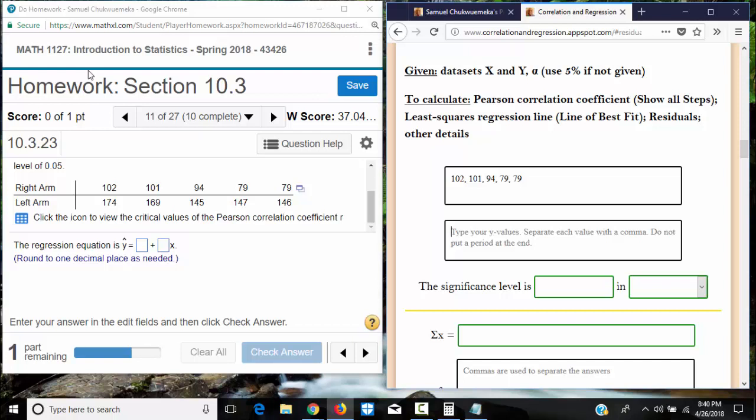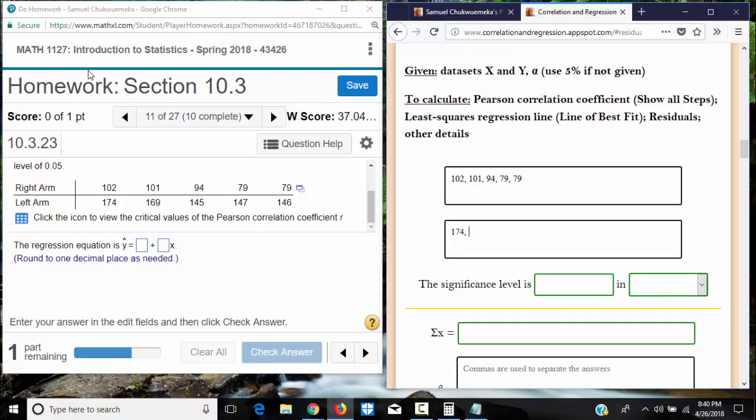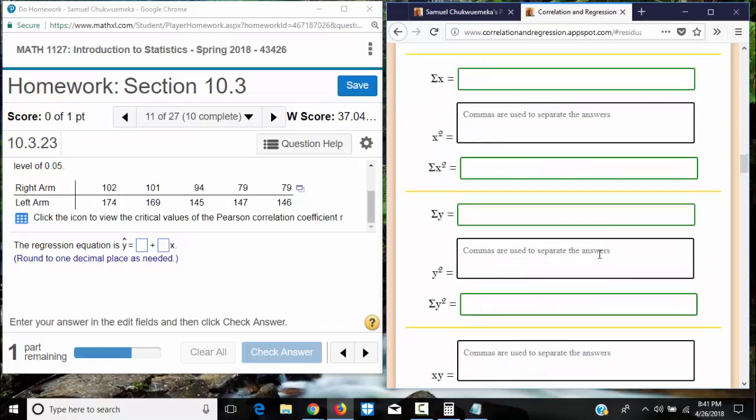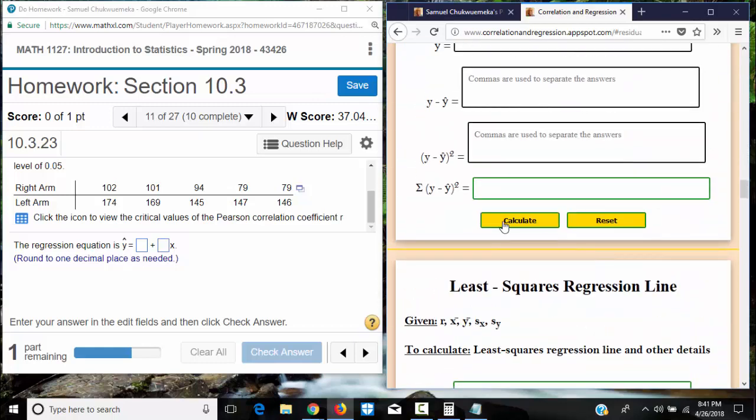For Y, we have 174, 169, 145, 147, 146. And they asked us to use a 5% significance level, 0.05 decimal. Then scroll down and click calculate.